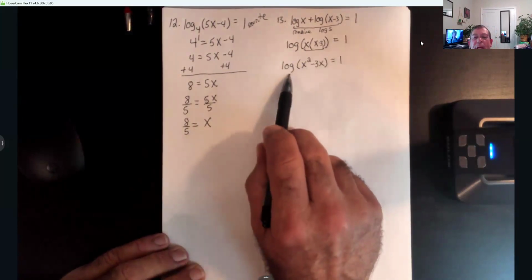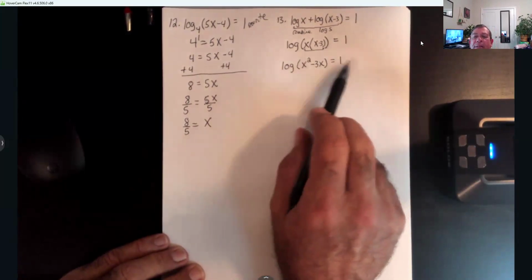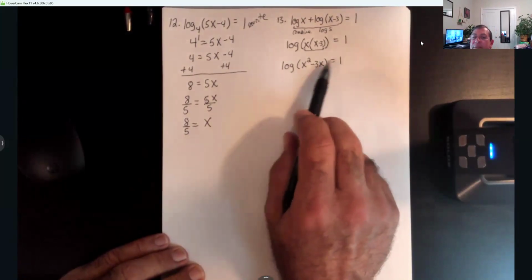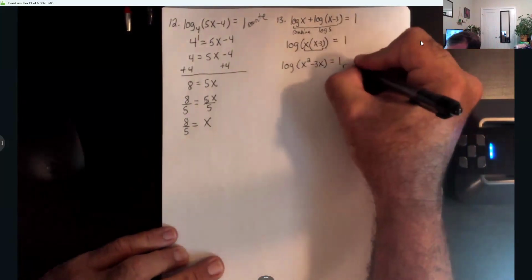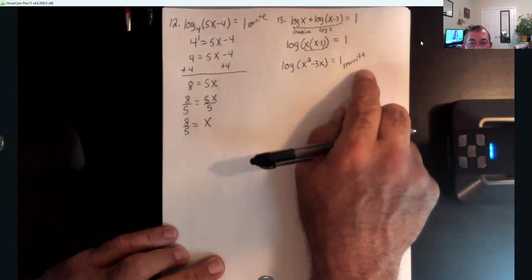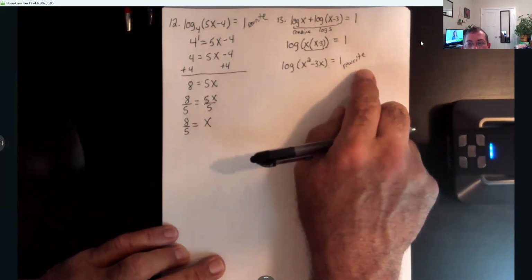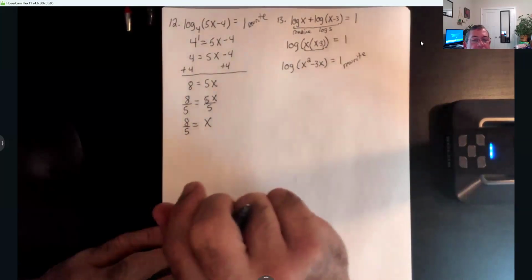Now I'm at the point where I got a log on one side equal to a number. So the log bases don't match. So since the log bases don't match, at this point, we're going to rewrite it as exponential. So the question is, what was my base?